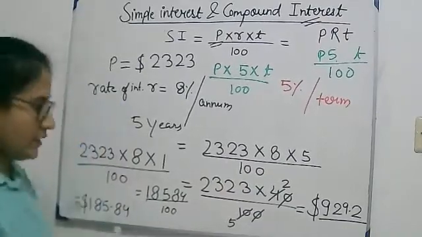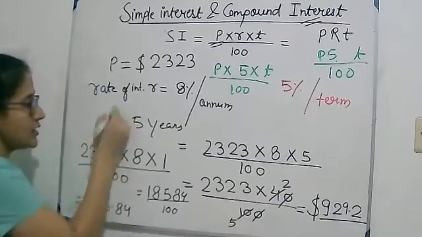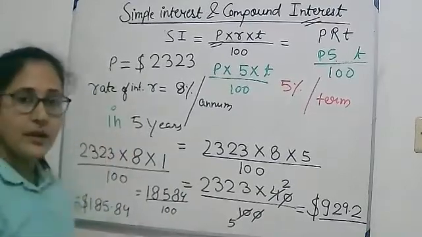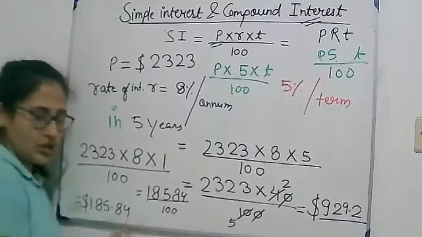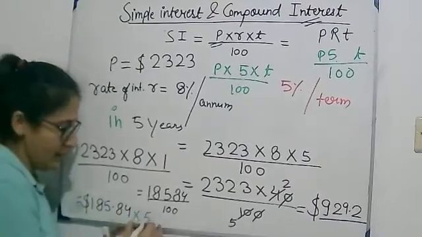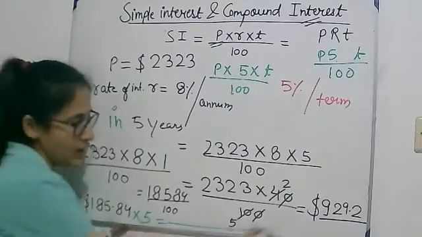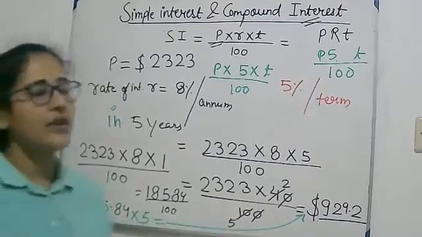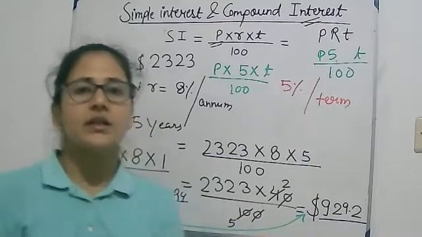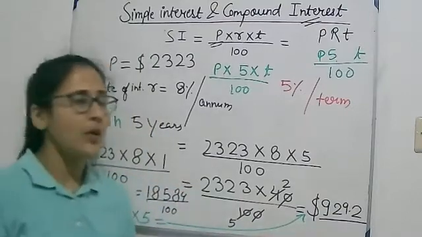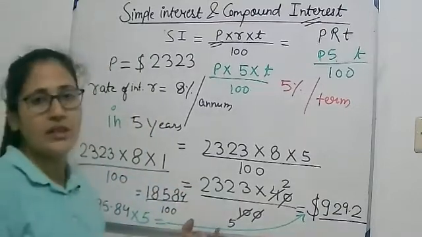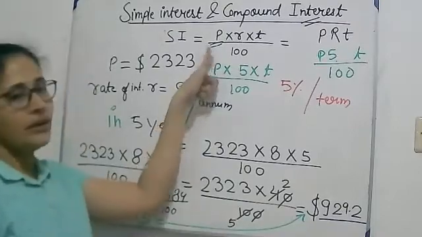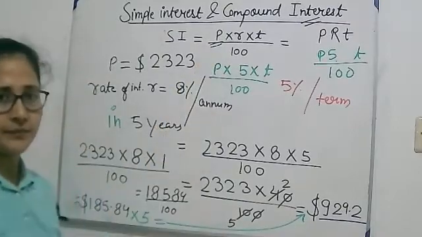If I ask what the simple interest will be in 5 years, you can multiply this by 5 and you will get the same value, because simple interest for each year is the same. Why is it the same? Because interest is always calculated on the principal amount.